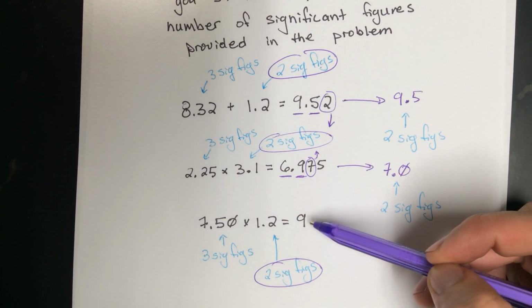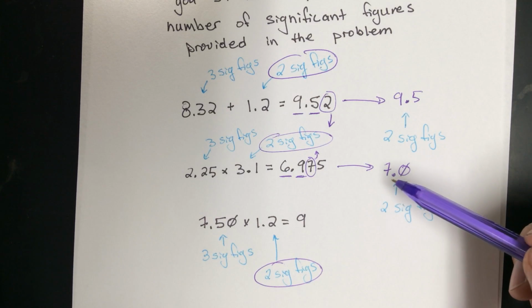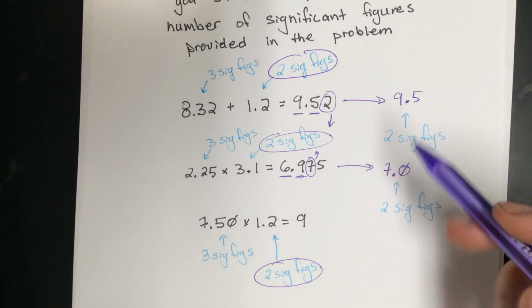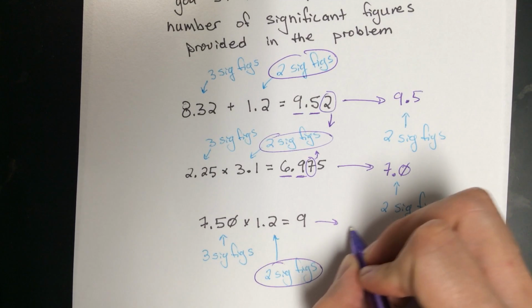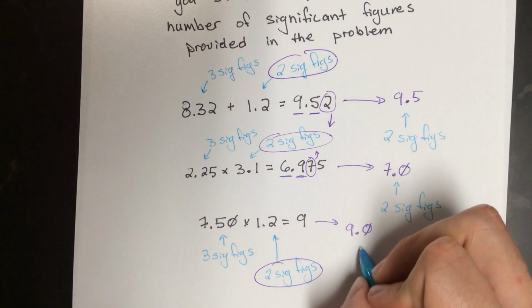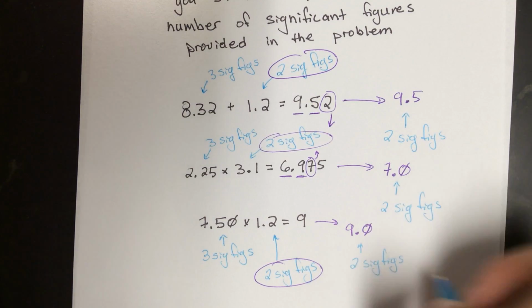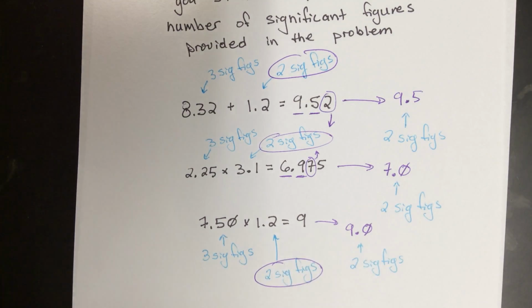Right now, our answer has only 1 significant figure. So just like when we were talking about rounding to 7, we're going to need to report this as 9.0 so that it has the 2 sig figs required by the problem.